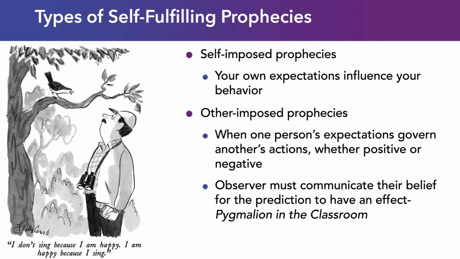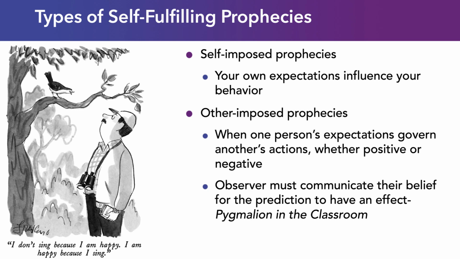What I think are really interesting are the prophecies that are imposed by other people. Other people's expectations of you are going to govern how you behave. So the last point says the observer must communicate their belief for the prediction to have an effect. Pygmalion in the Classroom was a book that came out in 1968.